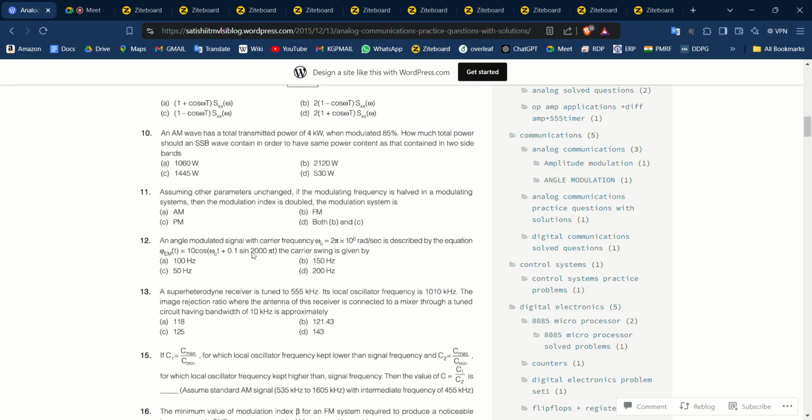12. An angular modulated signal with carrier frequency omega c equal to 2 pi into 10 to the 6 is described by the equation, this thing. The carrier swing is given by. So, carrier swing is basically the variation of the carrier frequency.